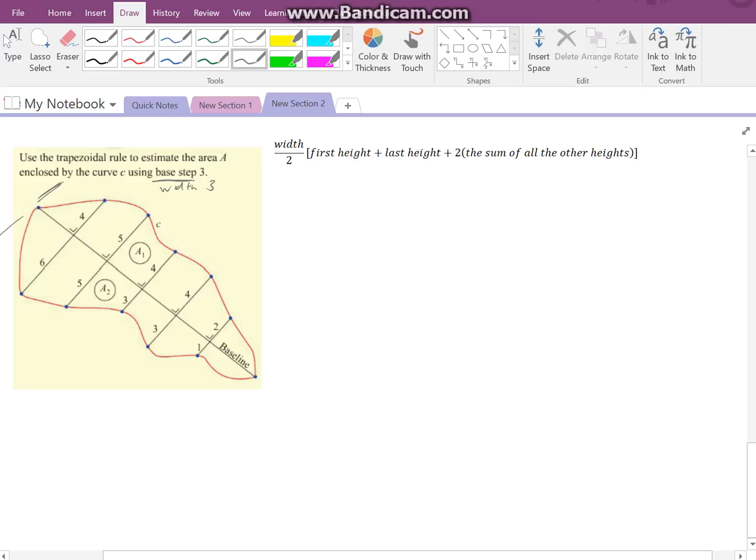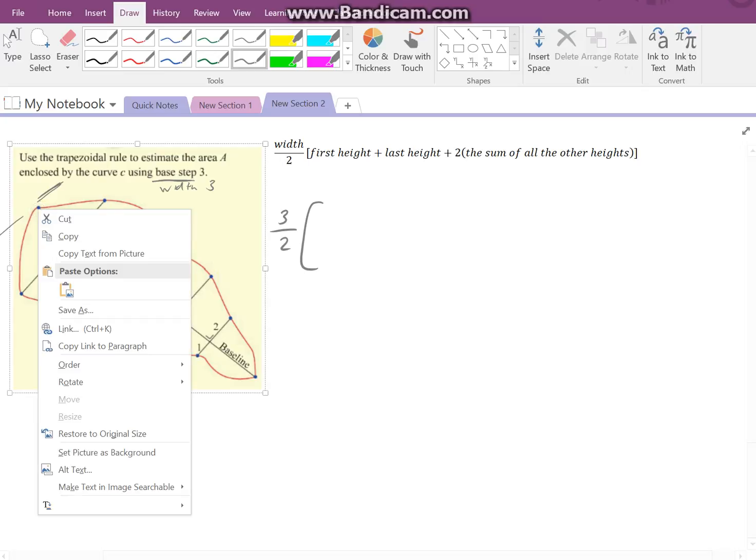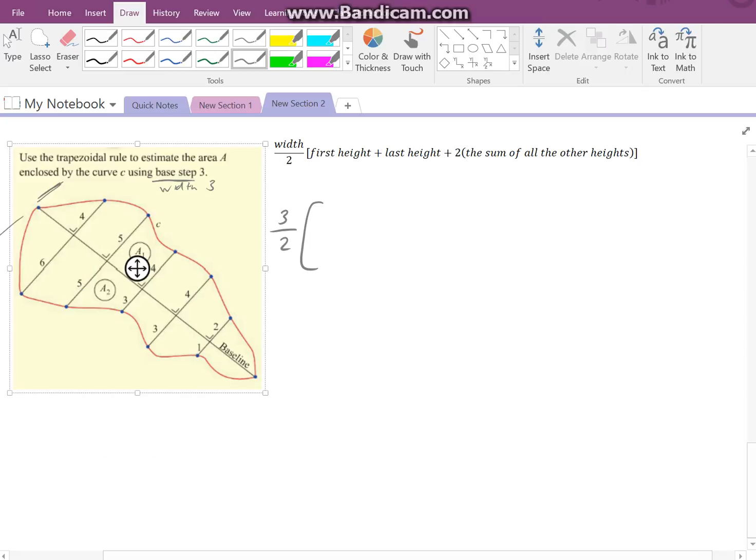So as I said, it told us in the question that our base height was 3, so we're going to start with 3 over 2. First height. I'm tilting a little bit. This is our first height here, and as you can see, the height is actually 0.